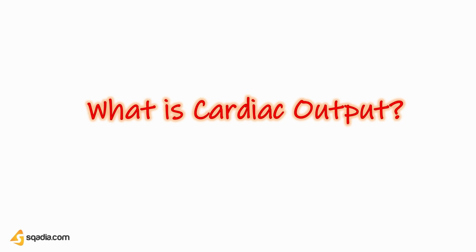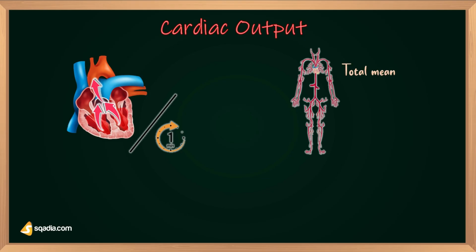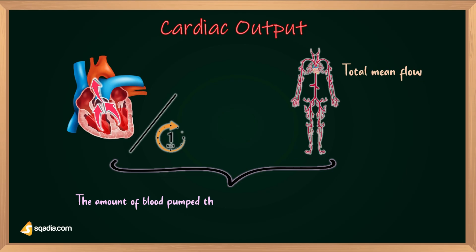So, what is cardiac output? As we have discussed earlier, the cardiac output is the amount of blood pumped from each ventricle. Usually, it refers to the left ventricle through aorta in a unit of time, particularly per minute. Or the total mean flow in the circulation is the cardiac output. Hence, its simple definition is the amount of blood the heart pumps through the circulatory system per minute is termed as cardiac output.